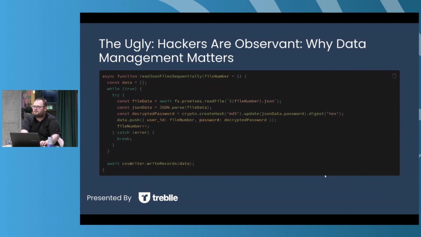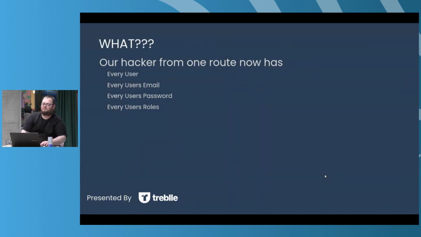This API also exposed their entire env file on the end of a route, because that was also clever. So we now have every user in the system, every user's email, every user's password, and every user's roles, or literally the entire API, because I could be anybody and get anything. I could have used that in a bad way and abused the entire thing.